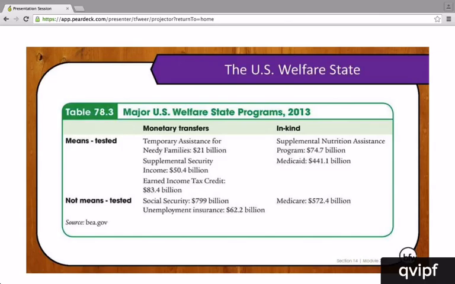An in-kind benefit is a good or service that is received rather than receiving cash. This table here summarizes the major anti-poverty programs in the United States. And it is clear that Medicare and Medicaid, both government health care programs, are the largest expenditures on welfare state programs in this country.